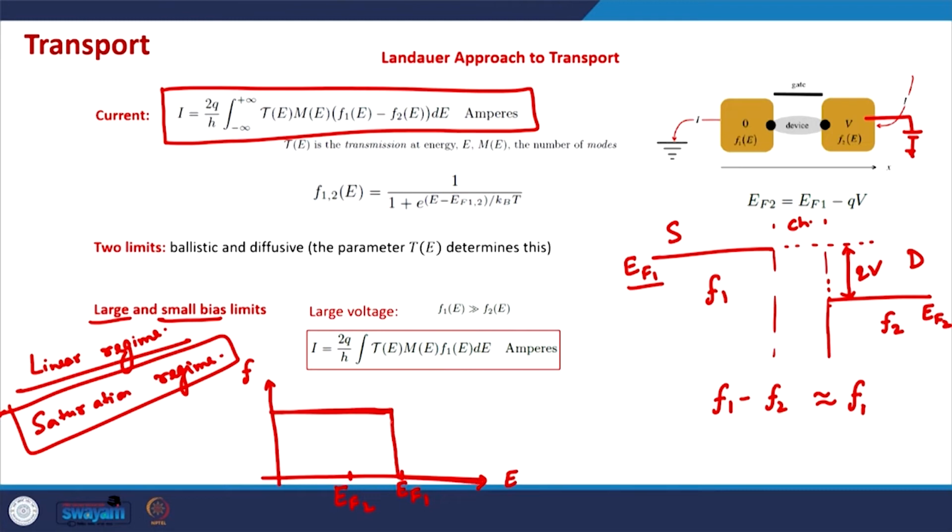It will be 1 for all energy values up to EF1, and it will be 0 above EF1, and this is the Fermi function F1.